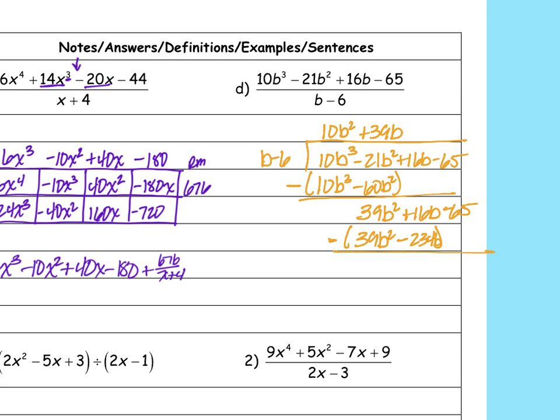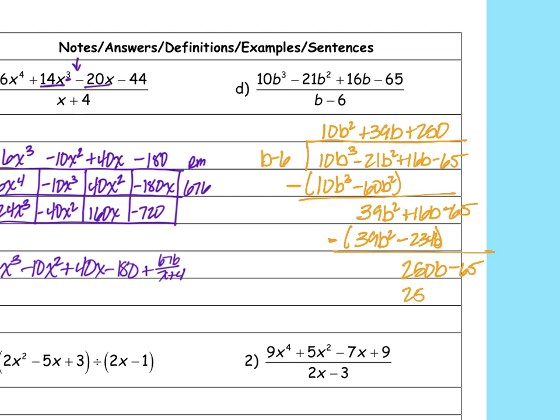And then 16 plus 234 is 250. Minus 65. Woo. Okay. Plus 250.